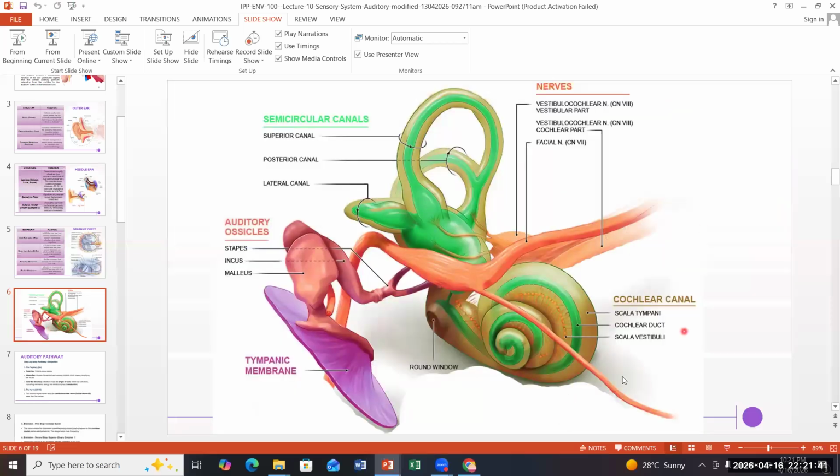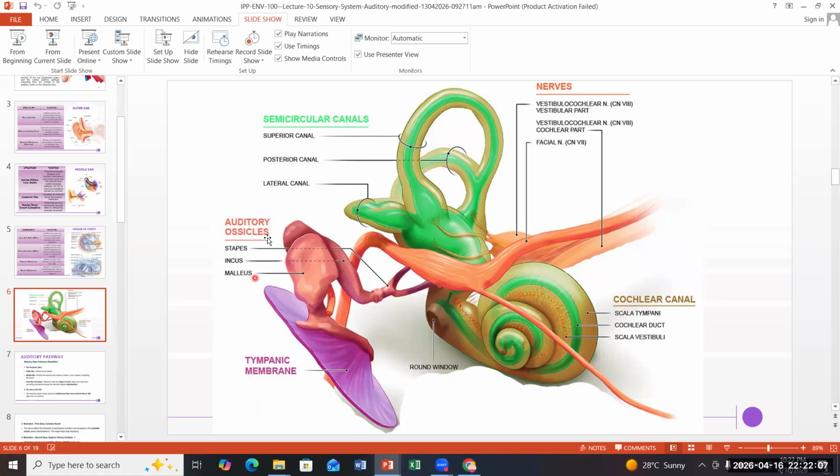This diagram is really very important. If we concentrate over here, this is the tympanic membrane. This diagram is not showing the external ear. It is mainly focused on the middle ear. In the middle ear, this is the tympanic membrane, and these are the three bones: malleus, incus, and stapes.